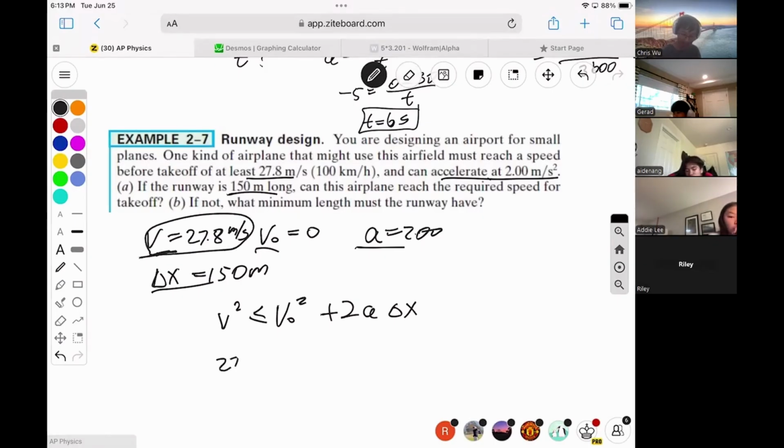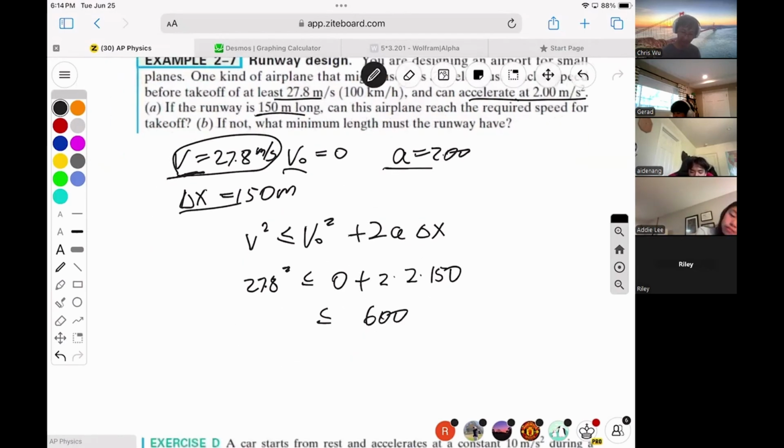So I want to say 27.8 squared is less than or equal to 0 plus 2A, which is 2 times 150, and that's 600, right?